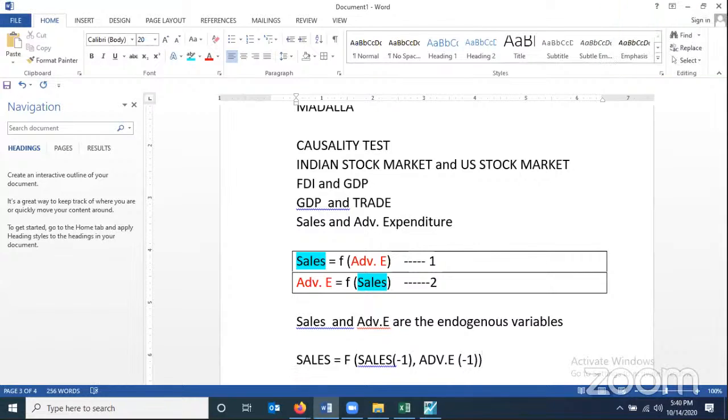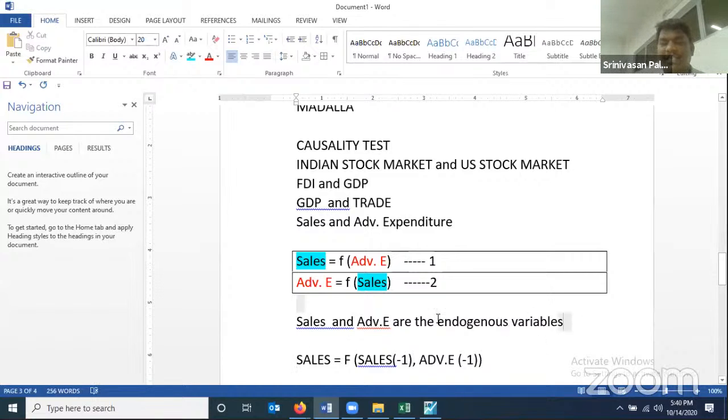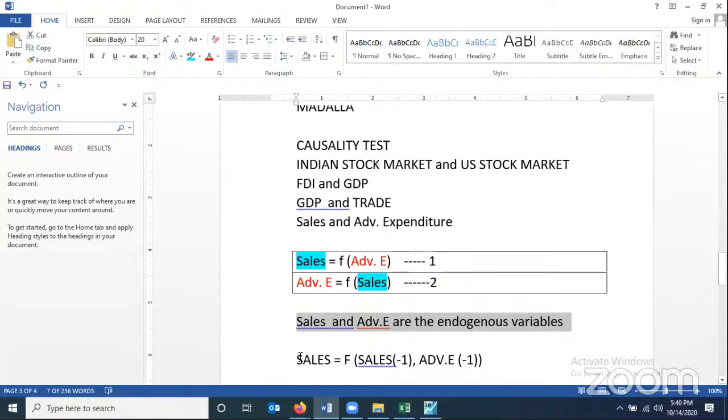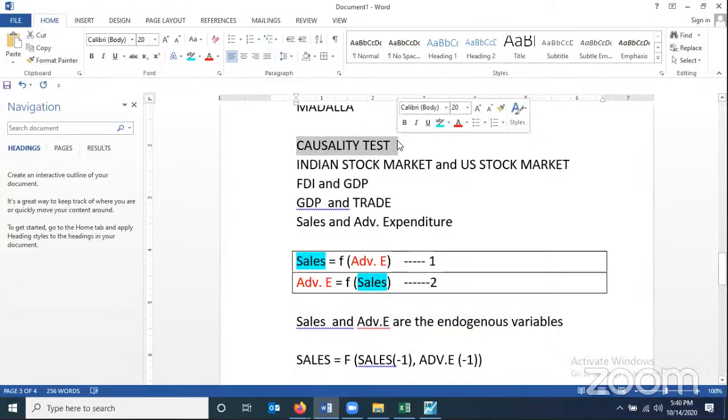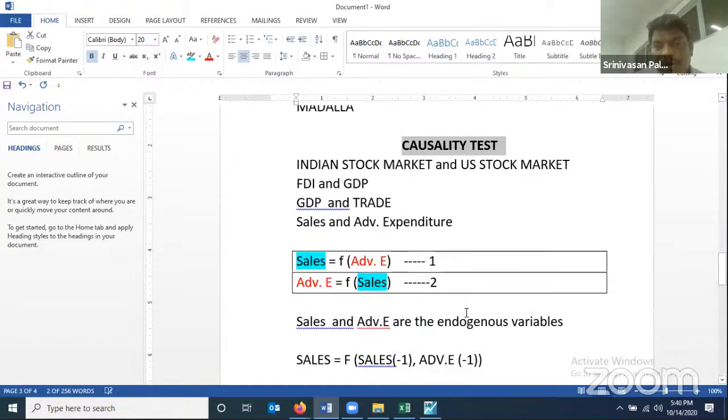Sales and advertisement are the endogenous variables. The causality test is conducted based on the past values of the dependent variable as well as the other variable.